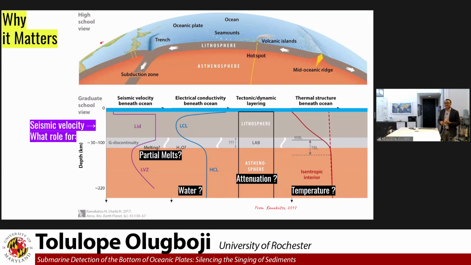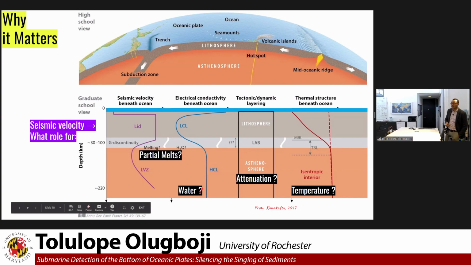This, he says, is maybe the high school view of plates. And this here, like he claimed, is the graduate school view of plates. So on this side, you see the seismic velocities. You see this sharp change in velocities. And the question is then, how can you get this sharp velocity change? In his view, some role for partial melt, some role for water.